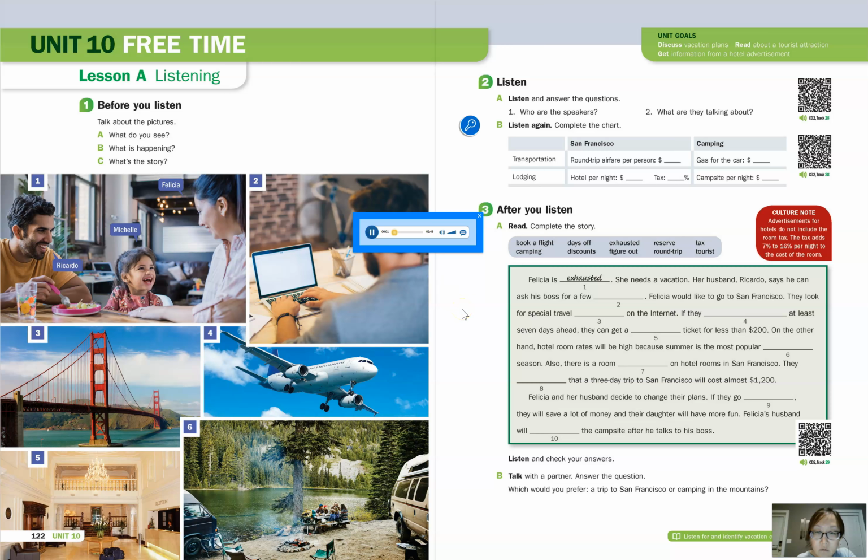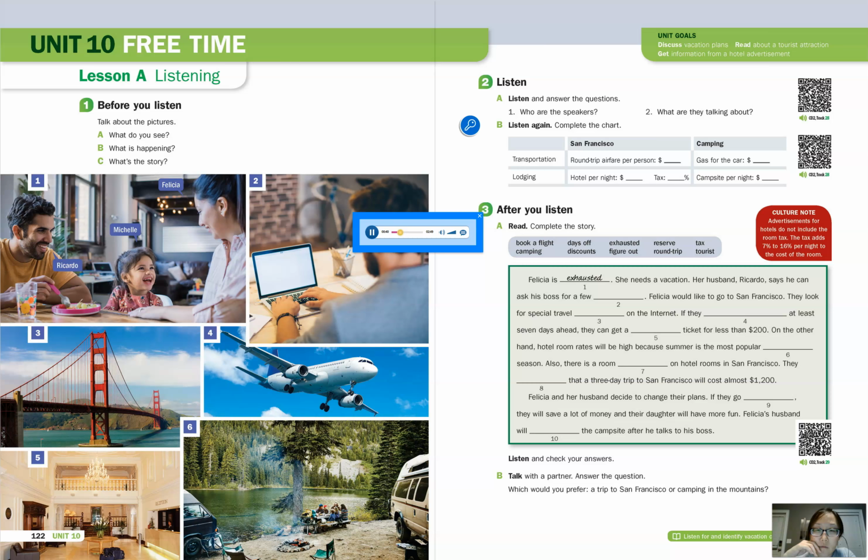Unit 10, Free Time. Page 123, exercises 2A and 2B. I'm so exhausted. I really need a vacation. You know, my work is pretty slow right now. I can talk to my boss. Maybe he'll give me a few days off. Oh, Ricardo, what a great idea. We haven't had a family vacation in 2 years. Where would you like to go, Felicia? We could go to San Francisco. Michelle's 6.